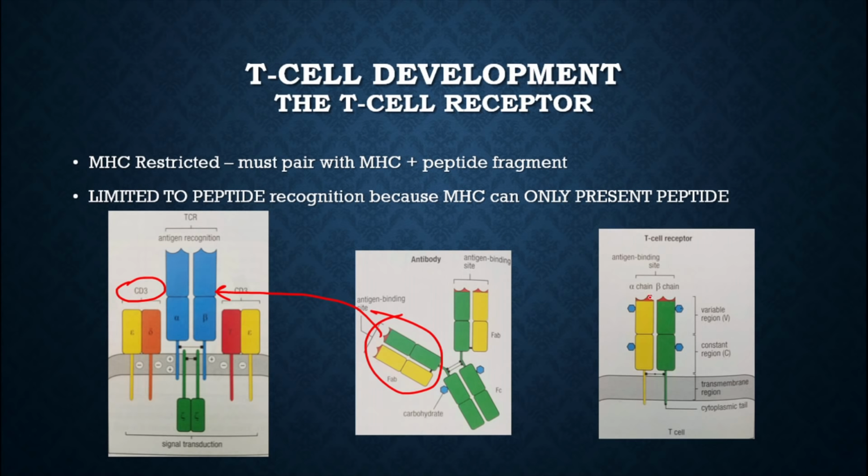Of note, they have an alpha chain and a beta chain, which are kind of like the light chain and the heavy chain from the antibody. They are MHC restricted, which means they have to pair with an MHC molecule. A T-cell receptor is worthless if MHC isn't around. And as I mentioned, they're limited to a peptide, because MHC is limited to a peptide. So if a T-cell receptor can only see MHC molecules, then only things attached to MHC can be seen by a T cell.